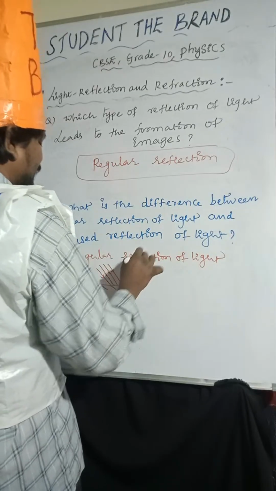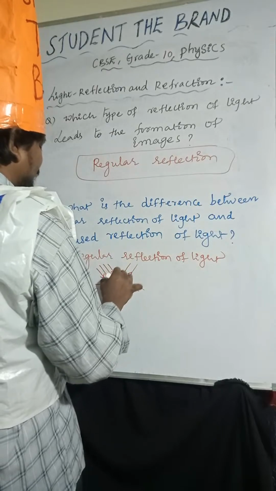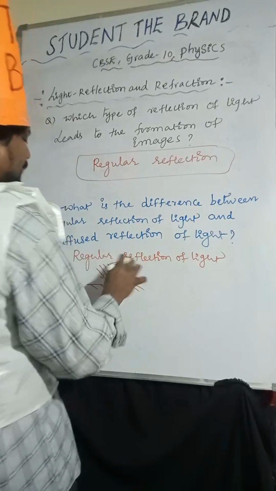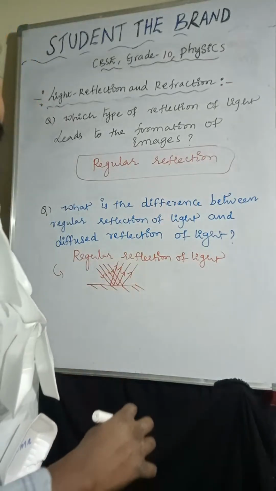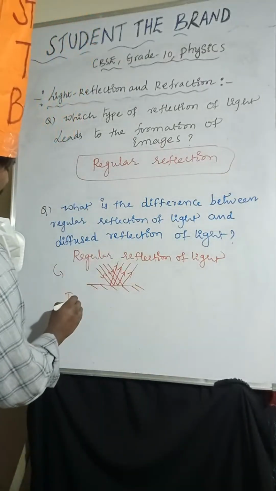Coming to irregular reflection, the incident light rays are parallel but the reflected light rays are not parallel to each other.